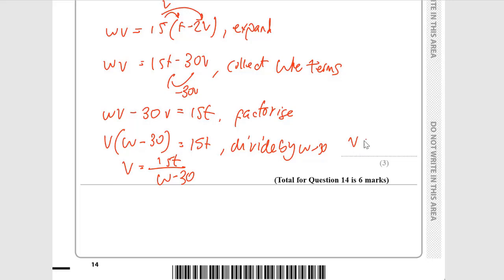So that means v equals 15t over 30 plus w. It doesn't matter, 30 plus w is the same thing because it's commutative, you can write them either way, and that should be a plus. Sorry, I just noticed I've been writing a negative. That should be a positive. Yep.